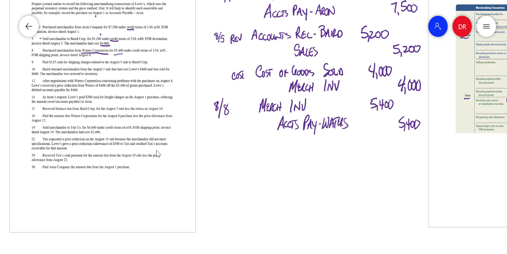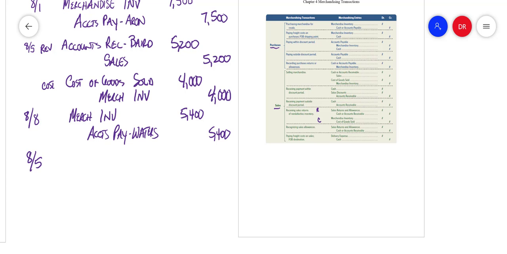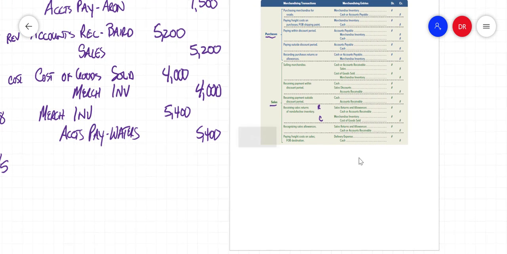On August the 9th, we paid $125 cash for shipping charges related to the August 5th sale to Baird. Now, when we were in class, I looked at this incorrectly. What we are looking at here is a sale. And if we go down here and look at the sales handout and say, okay, we're looking at freight charges on sales, we're going to do a journal entry that looks like this.